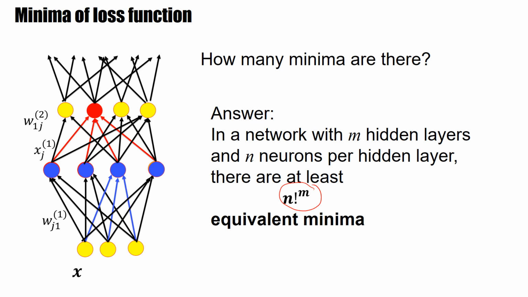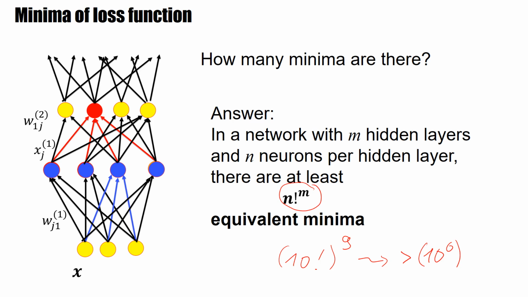So in our case, our assumption was we have 10 neurons per hidden layer. So this makes 10 factorial. And then the whole thing is to the power of m, it's to the power of 9. The 10 factorial is larger than 1,000,000.